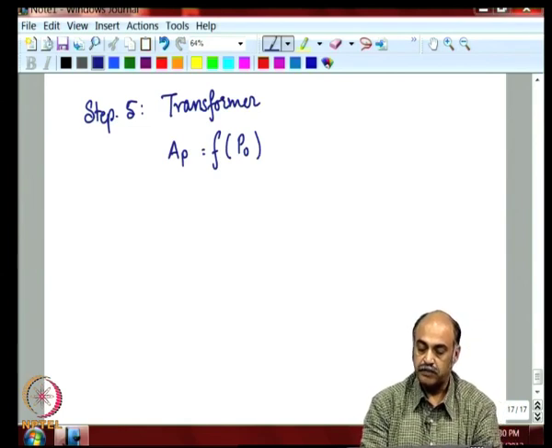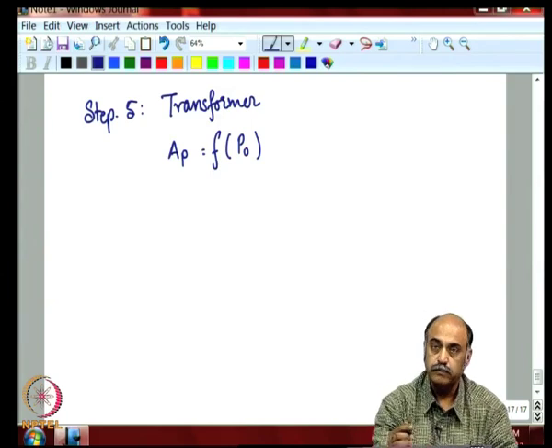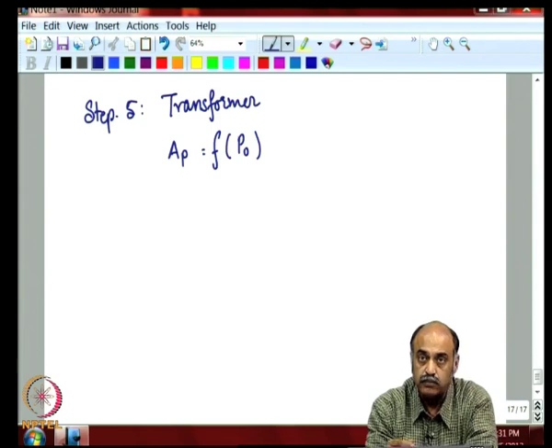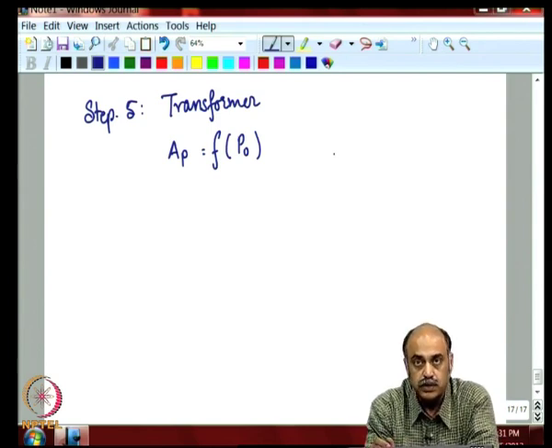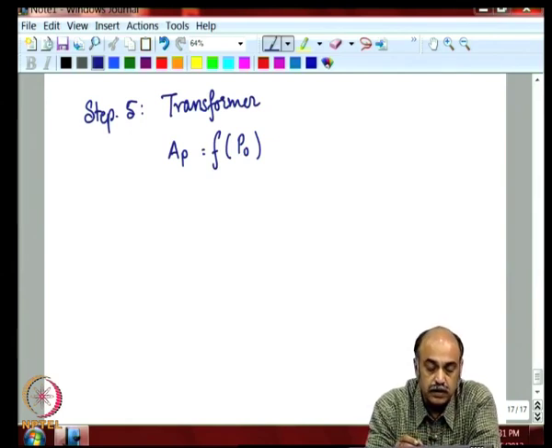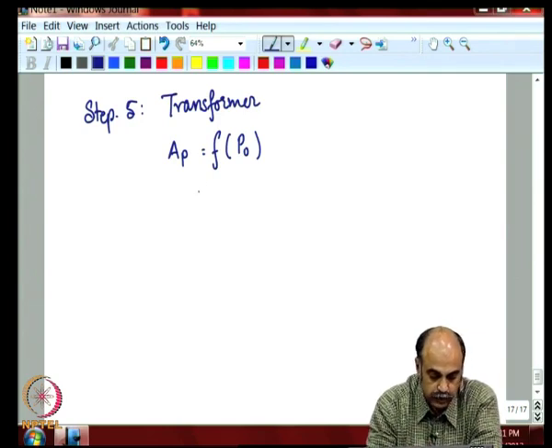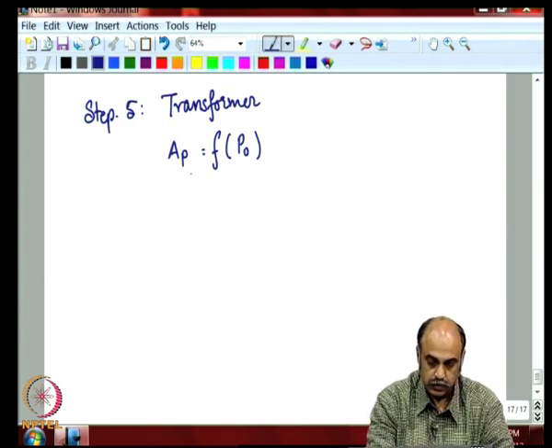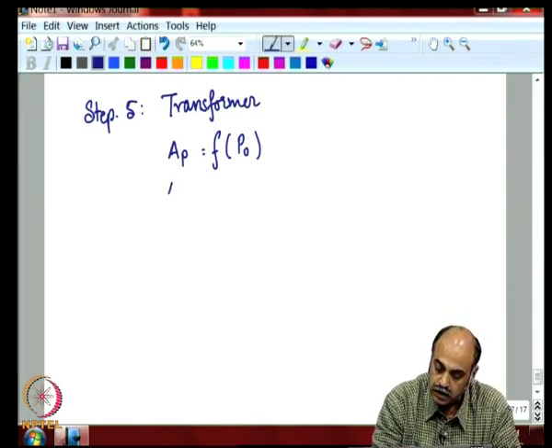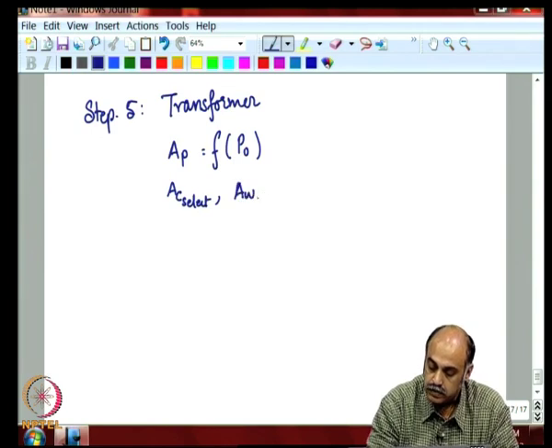So, each transformer will have different equations for the area product. You can work that out by using the Faraday's first law, and the Kw Aw should be greater than A into sigma of A into N. Now, based on that, you would select a particular AP, and therefore, you have AC selected and AW selected.